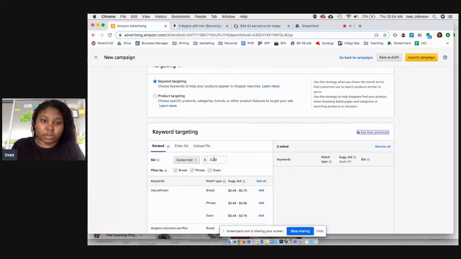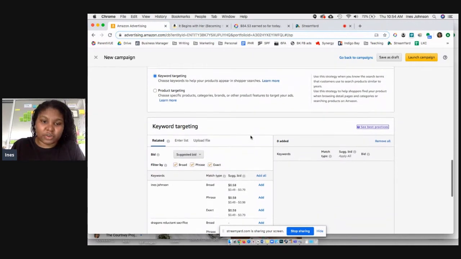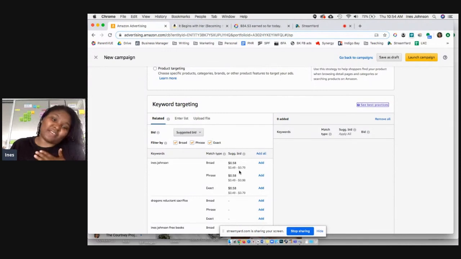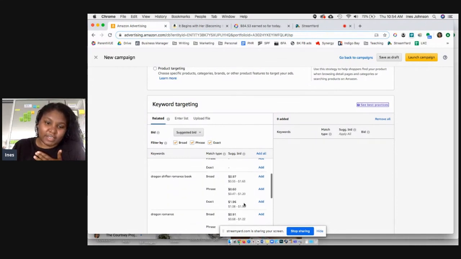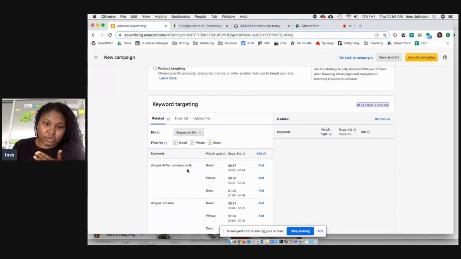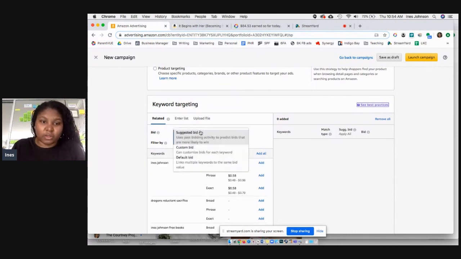30 cents across all. They're a little tricky because they have these suggested bids, and look at how these suggested bids are for a lot of money. Like for me, oh, isn't that sweet? You're gonna want someone to pay 49 to 79 cents for my name. That's nice. For Dragon Shifter romance book, it's up to like $1.96. I'm not paying that much. So I don't follow the suggested bids.